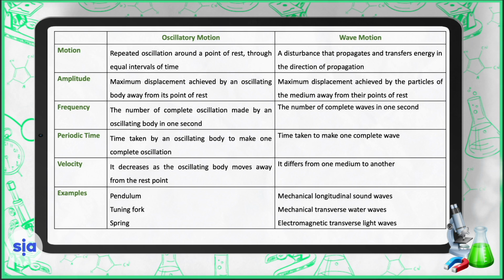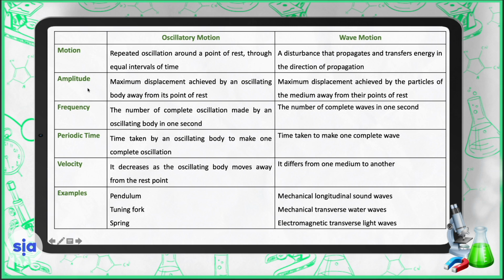Now let's compare oscillatory motion with wave motion. Oscillatory motion is repeated oscillation around a point of rest through equal intervals of time, while waves are a disturbance that propagates and transfers energy in the direction of propagation.